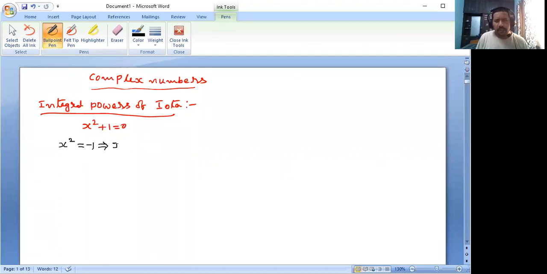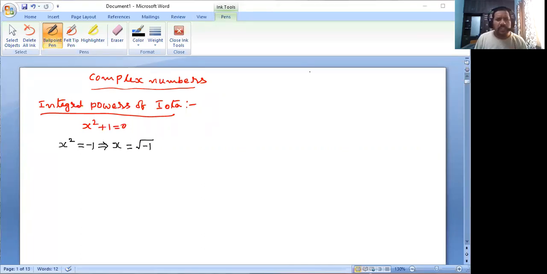Then what is x? x is equal to root minus 1. Actually, the root does not exist for negative values. It exists only for 0 and positive values.